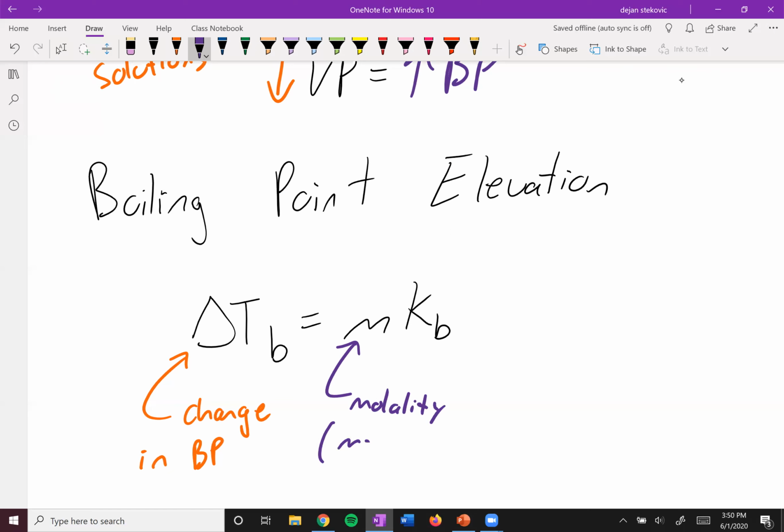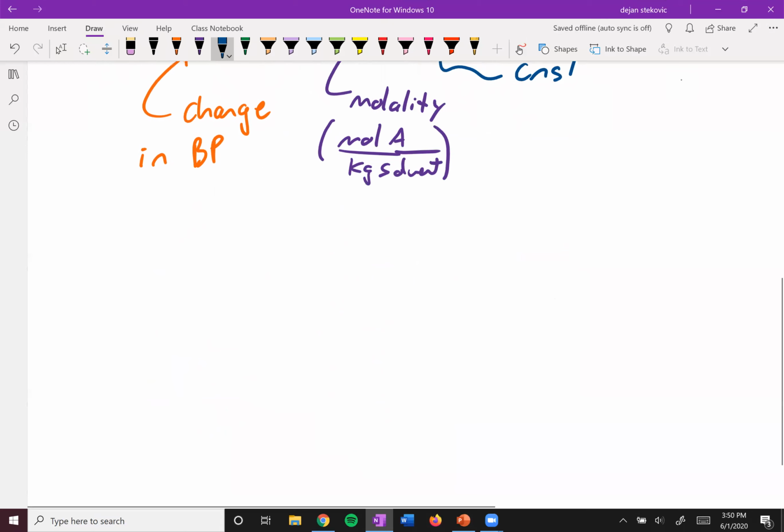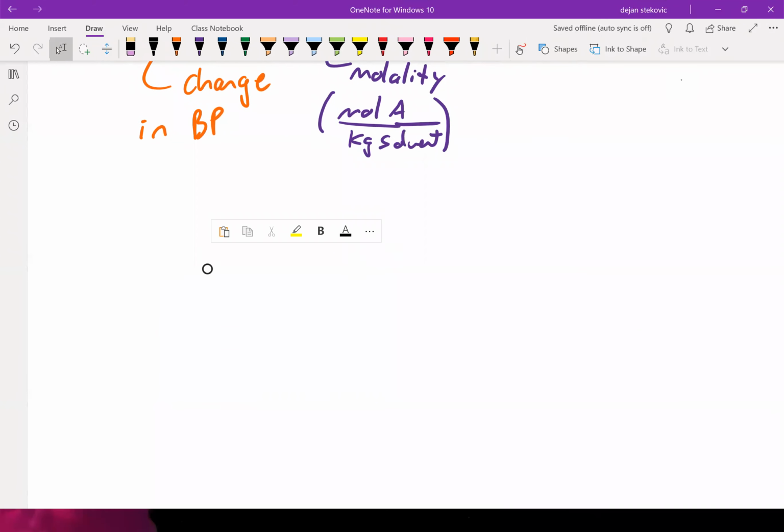Remember, that's moles of A over kilograms solvent only. And then KB here is just a constant, and so it depends on which different liquid you're taking a look at. So let's take a look at some of these numbers.